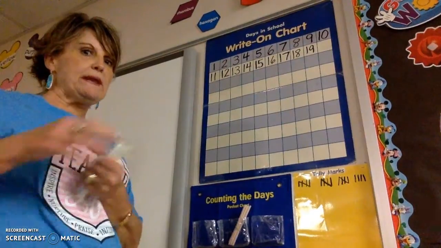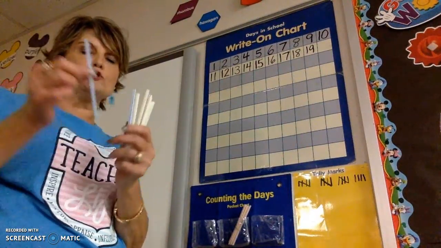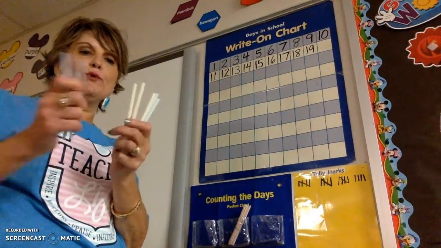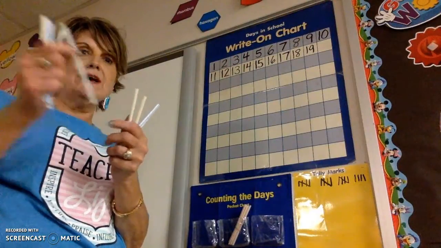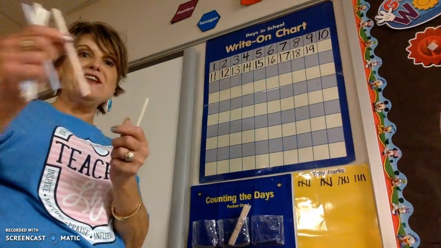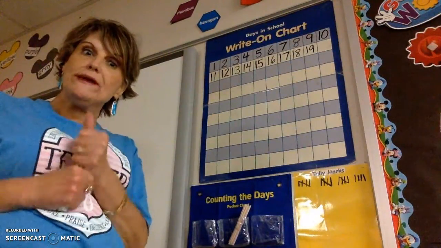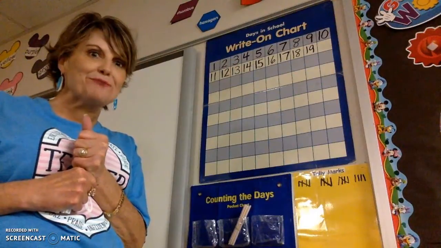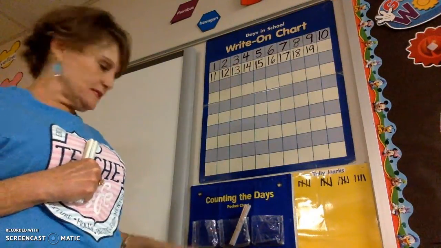Let's see how many I have just in my hand without that 10 there. Let's count. 1, 2, 3, 4, 5, 6, 7, 8, 9, 10. We have 10. So we need to put a rubber band around these 10 and put it in the tens place.